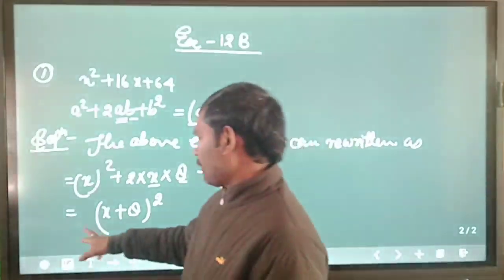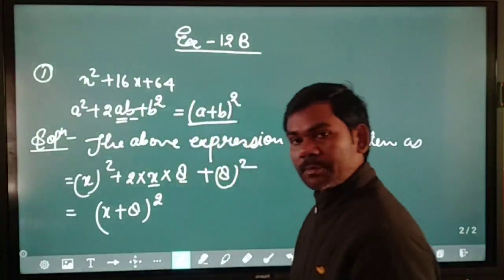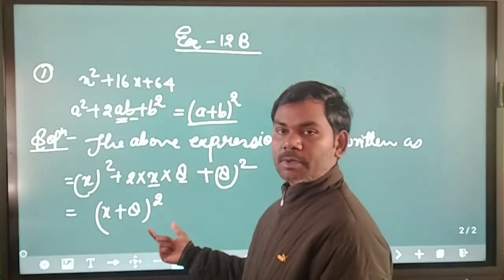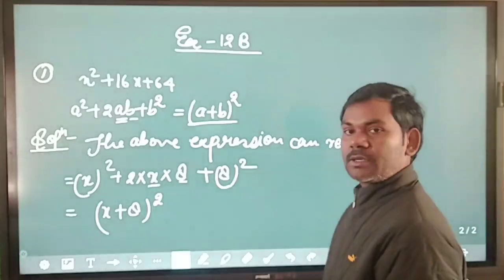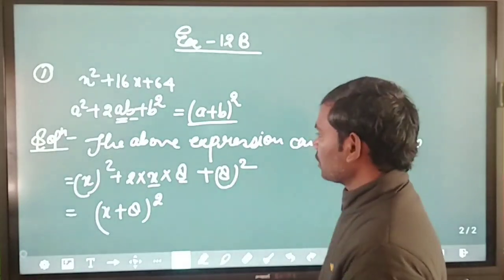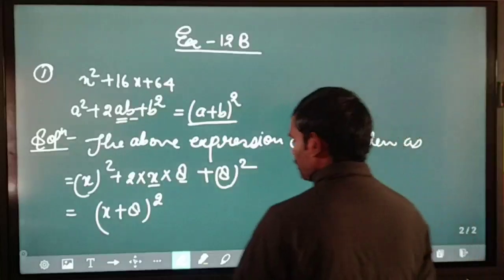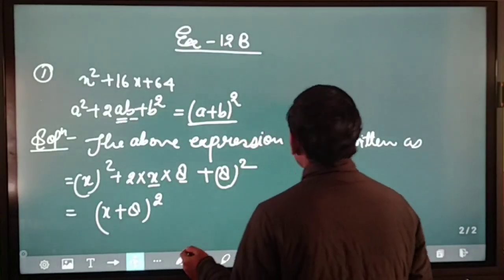If you want to solve it by another method, the previous method, we can also solve it that way. So now let's see how we can solve it using the previous method. Here we use the alternate method.